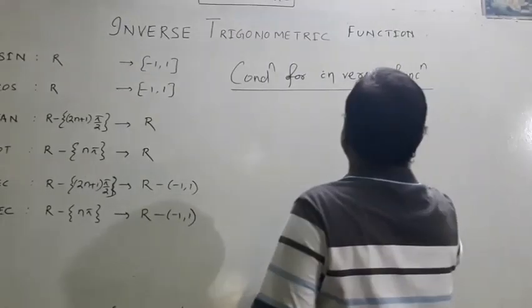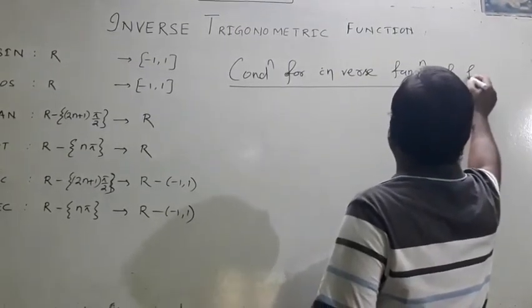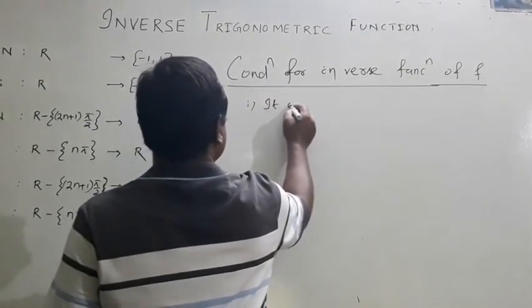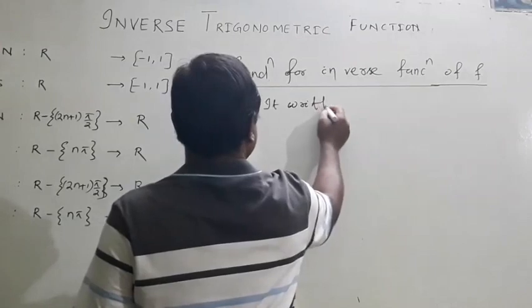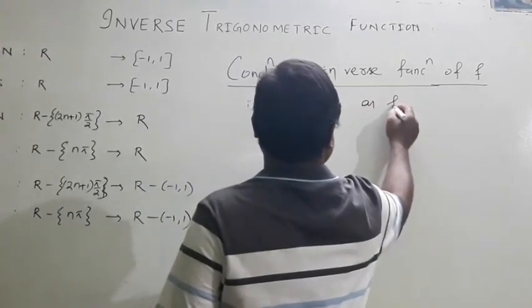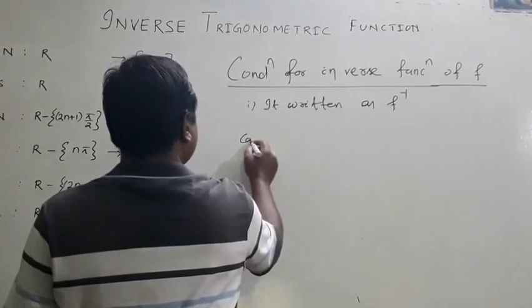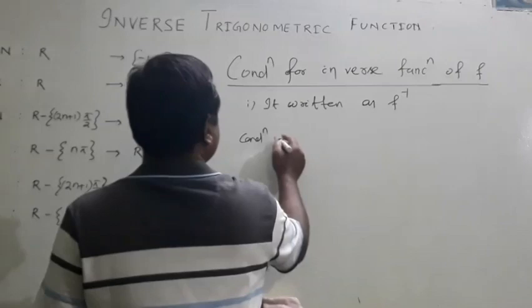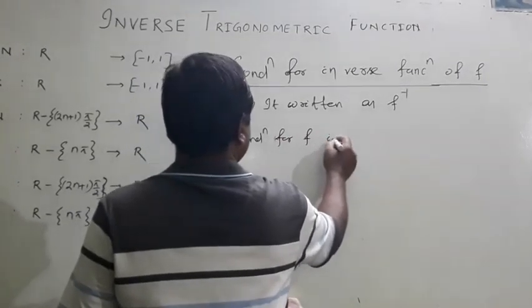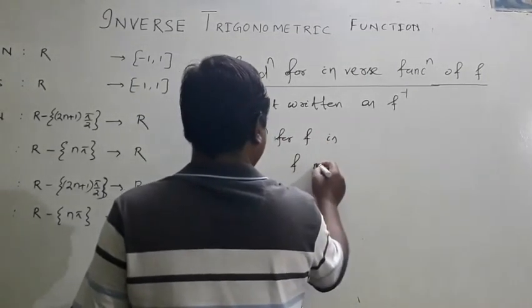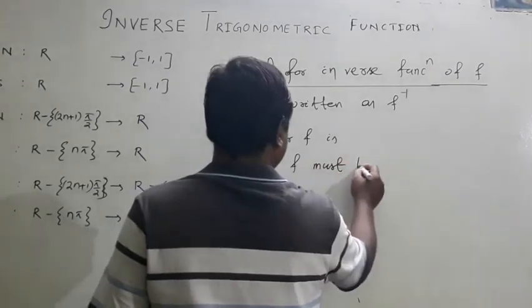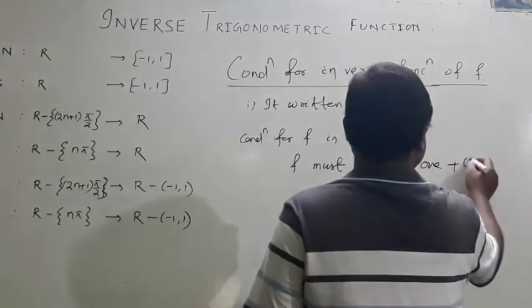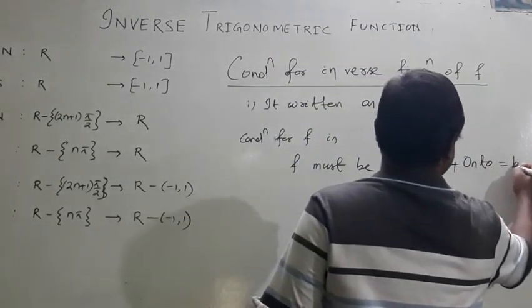The inverse function of f is written as f inverse, and the condition is that f must be 1-1 plus 1-2, which is called bijective.